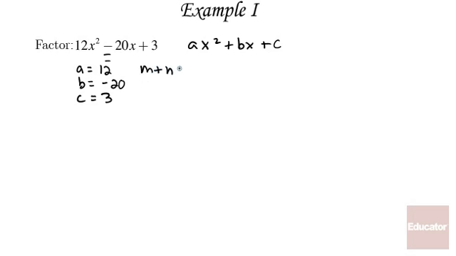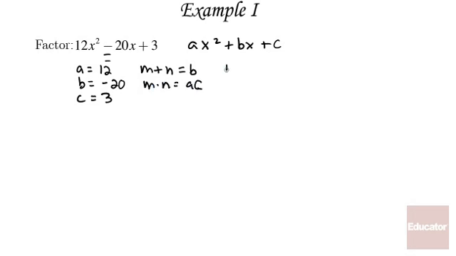Our first example, though, is an expression that we're asked to factor, and it's in this general form. However, we have a negative sign, and I'm going to take that into account as I find my m and n. Remember that A is 12, B is negative 20, and C is 3. Now, m plus n equals B, and m times n equals AC.